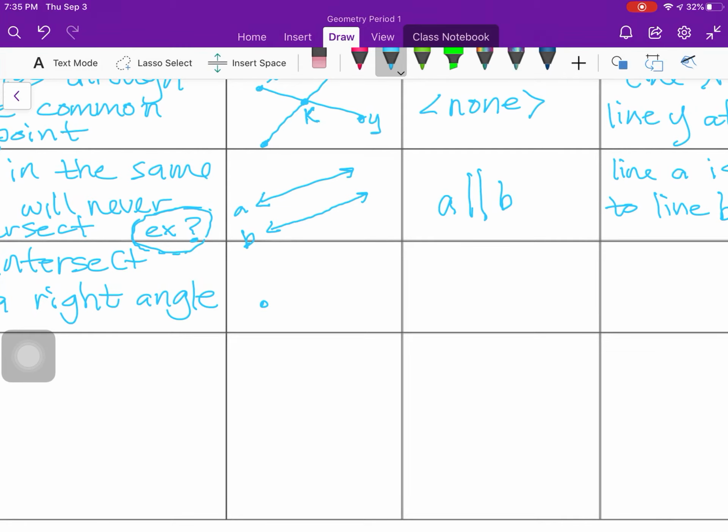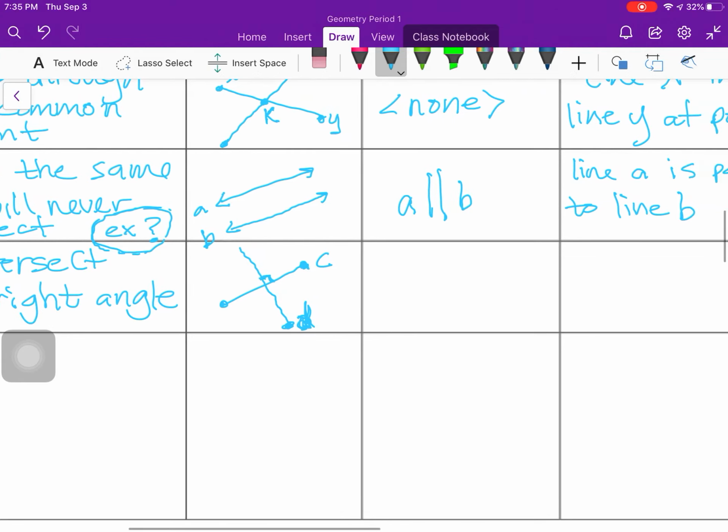The way that we're going to write that is we have line segment C. I'm going to draw this the best that I can. Line segment D. And remember, this little square here denotes that it is a right angle. It's 90 degrees.